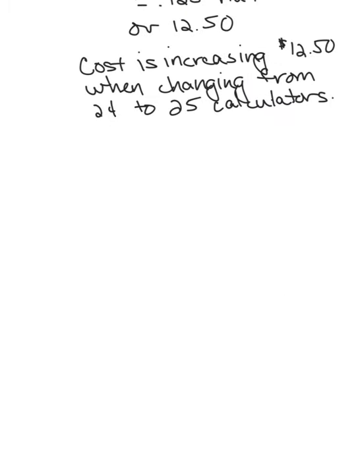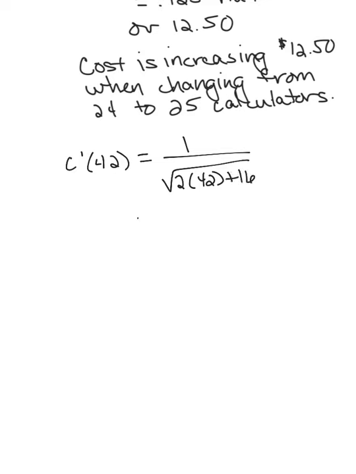We are also supposed to find c prime of 42. If we do c prime of 42, we will have 1 over the square root of 2 times 42 plus 16. 2 times 42 is 84, plus 16 gives us 100.